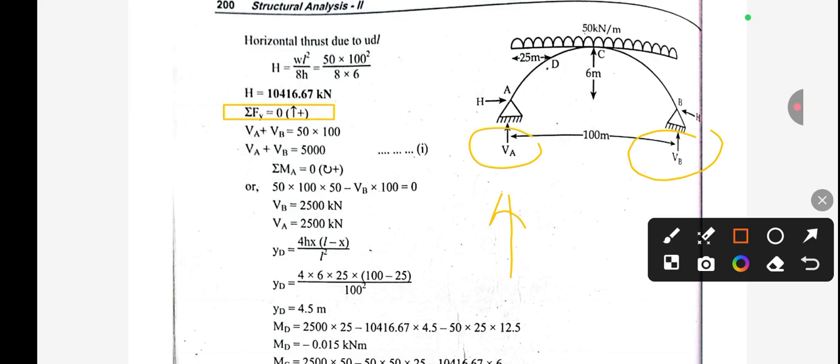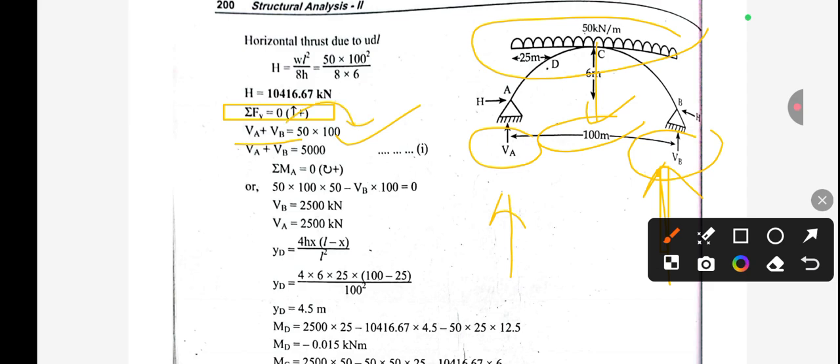So these two will be acting upward, so they will be positive, VA plus VB. This UDL is acting in the entire span, so it means 50 into 100. This total load will be acting downward, so this will be negative, so 50 into 100.